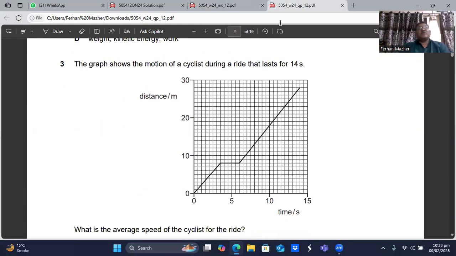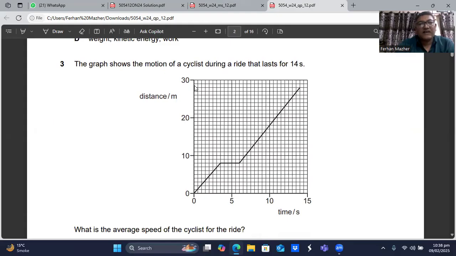Question number 3. The graph shows the motion of a cyclist during a ride that lasts for 14 seconds. What is the average speed of the cyclist for the ride? You know, the average speed is the total distance traveled divided by the total time. So how much is this total distance?